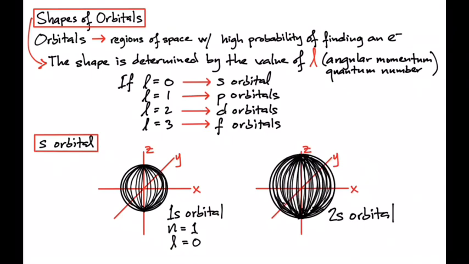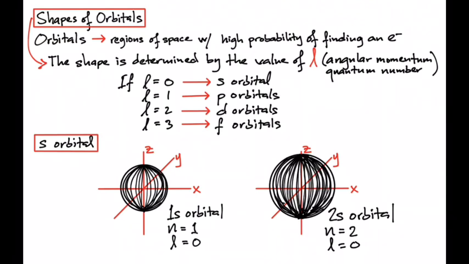You can also have a 2s orbital, an s orbital in the second energy level. So here we have n equals 2, and the L value here can be from 0 all the way to n minus 1.